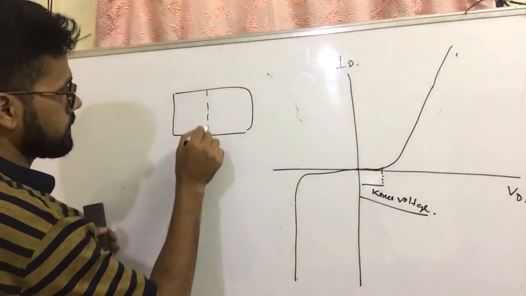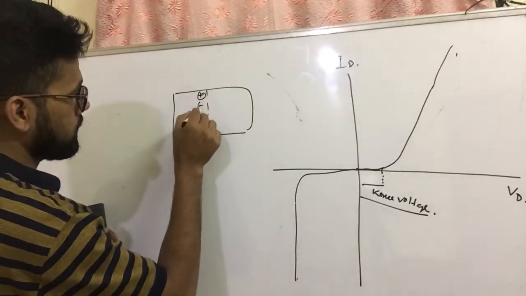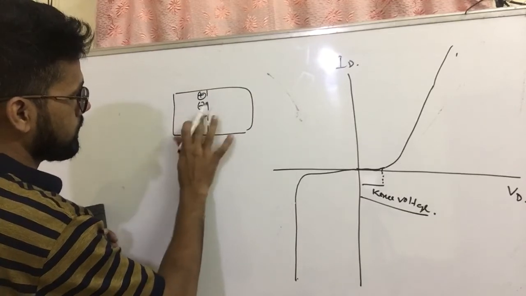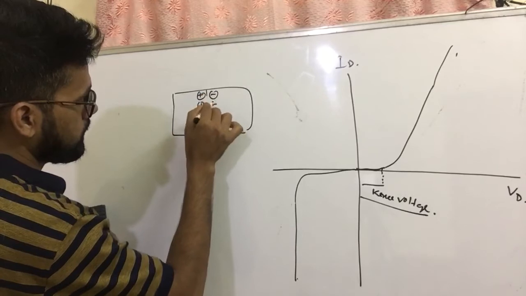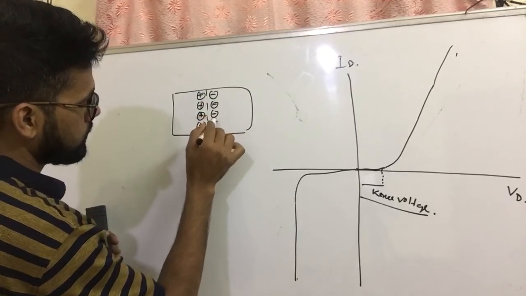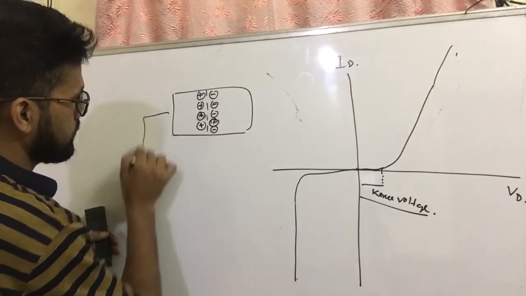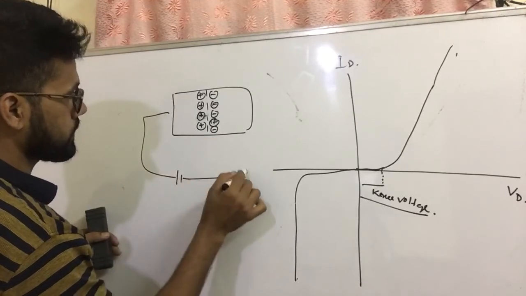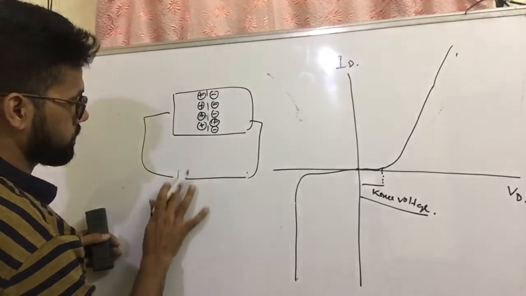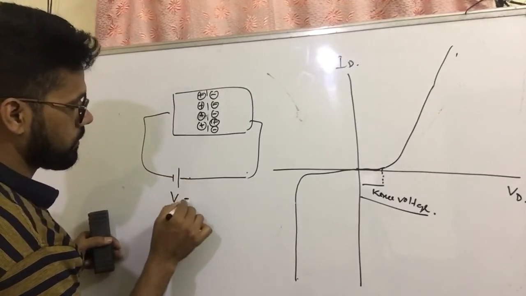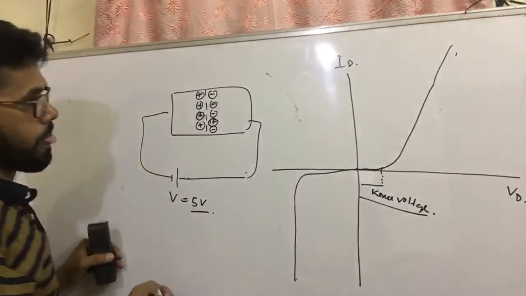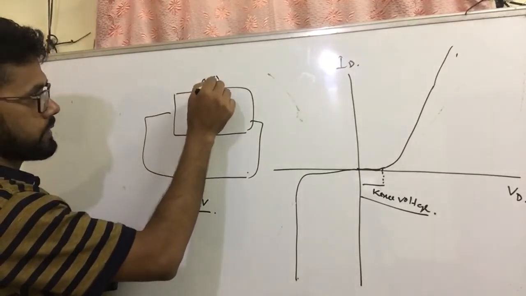This is the depletion region. Positive, negative, positive donor, negative. This is ion, okay? Don't confuse this with electron. Suppose this is negative, this is positive, a voltage supply. Suppose this is 5 volt applied, and this is a 0.5 volt generator.